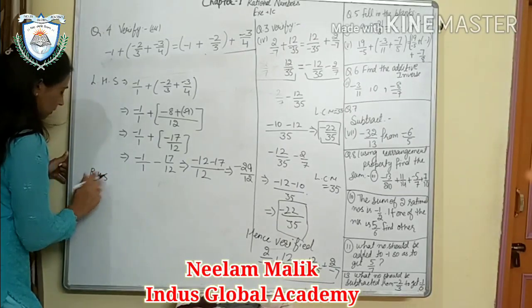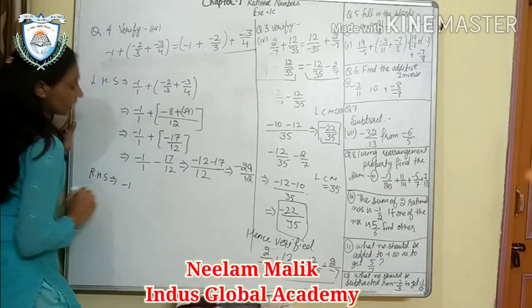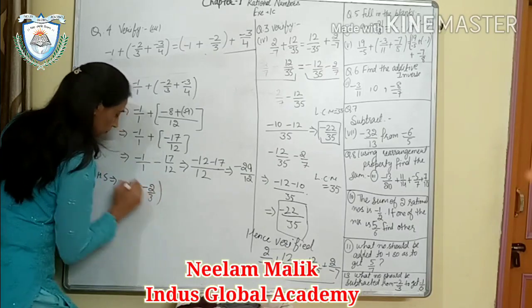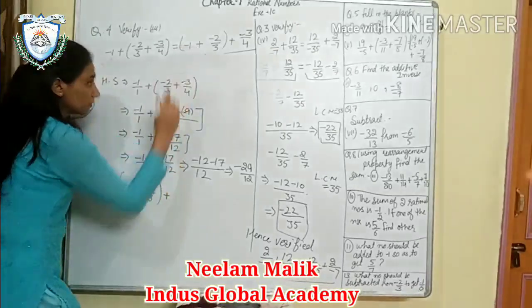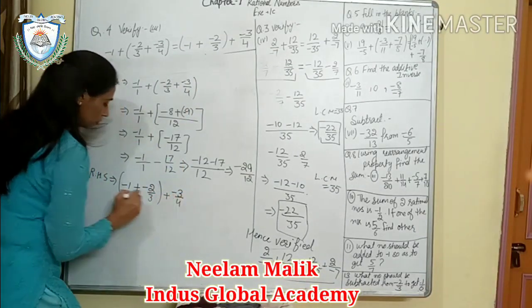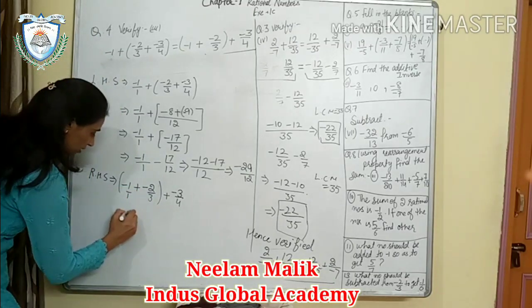Right hand side. What is our right hand side? First we will add -1 plus -2/3, and after solving this we will add that, which is -3/4. Now solve this. Here will be LCM 3.